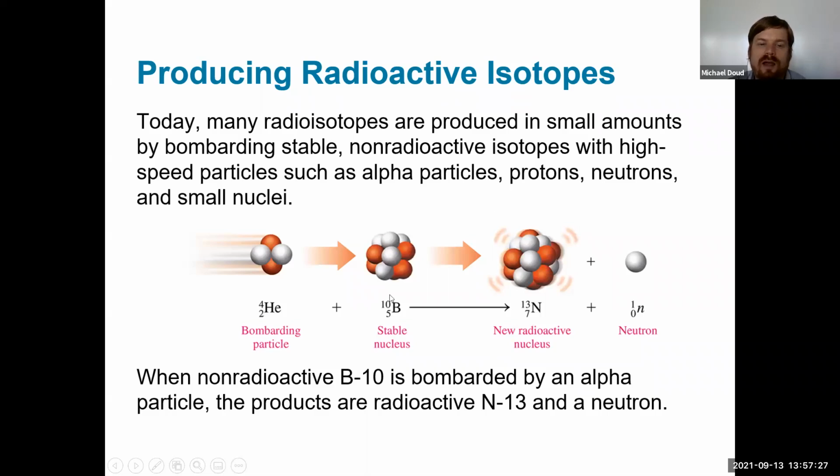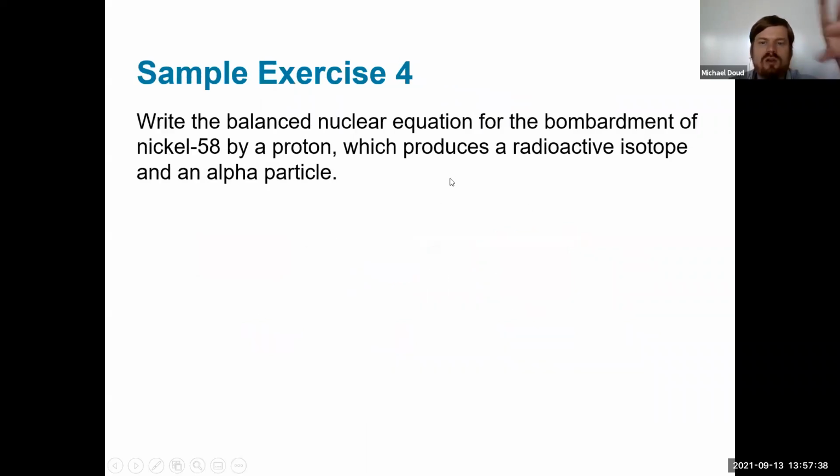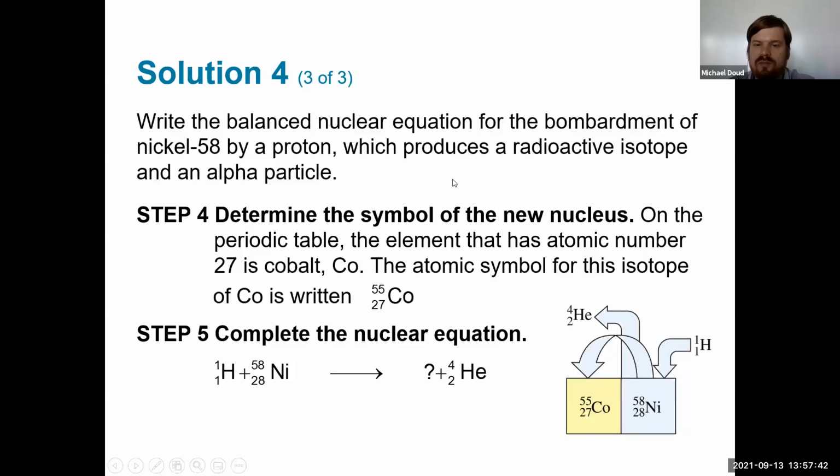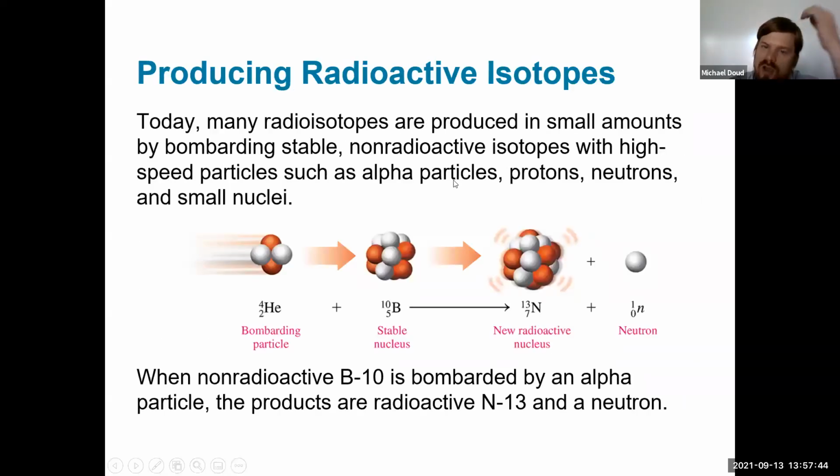So for example, when you take boron-10 and bombard it with helium-4, you can produce nitrogen-13, which can then be used for imaging. Don't worry about this. I don't think this is even on the homework here. So that's just one example of how you can produce these radioactive isotopes.